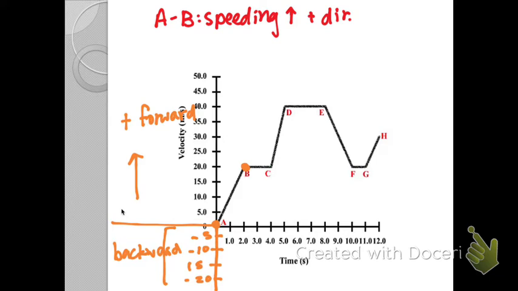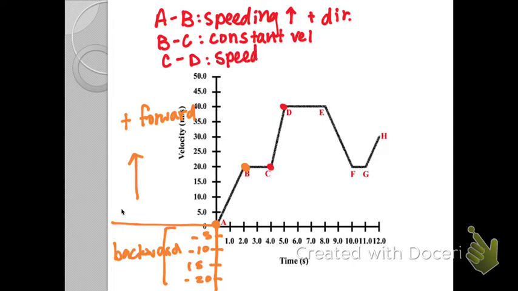From B to C, what am I doing? I'm at constant speed. So I'm at constant velocity. From C to D, what am I doing? Speeding up in the positive direction. Yep.